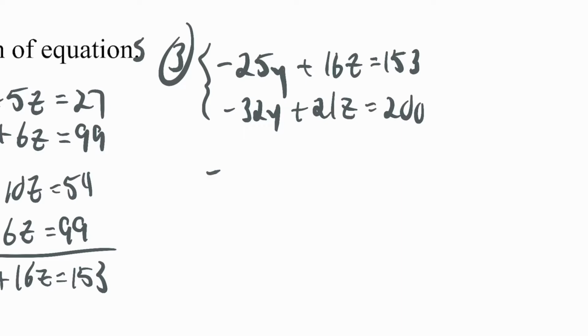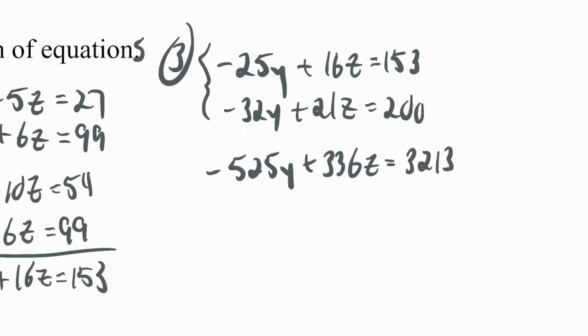So this will be a negative, is that 525? 25 times 21? Yeah, negative 525y plus 16 times 21 will be 336z. Yeah, 336z. Equals 153 times 21, so 3213.